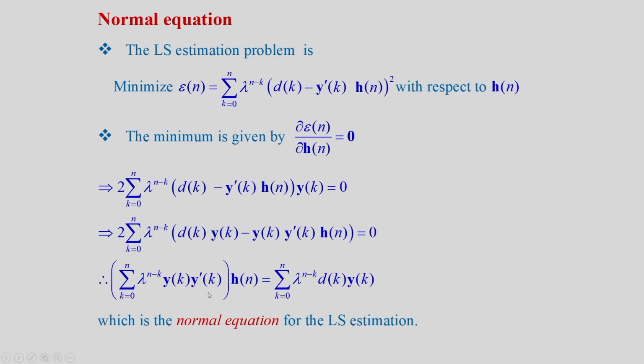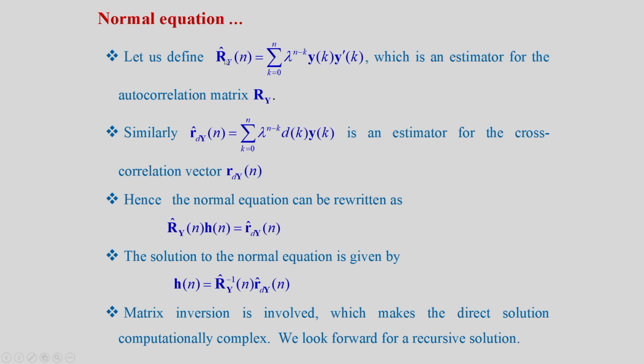Now, this quantity is similar to the autocorrelation matrix, an estimator for the autocorrelation matrix. So, we will denote R y hat n equal to summation lambda to the power n minus k into yk yk transpose, k going from 0 to n.